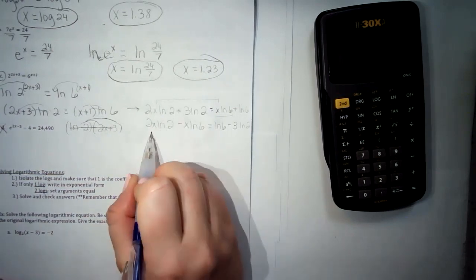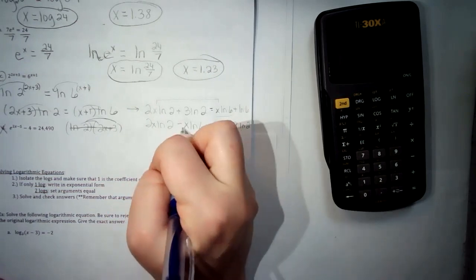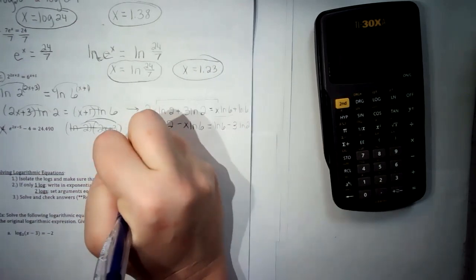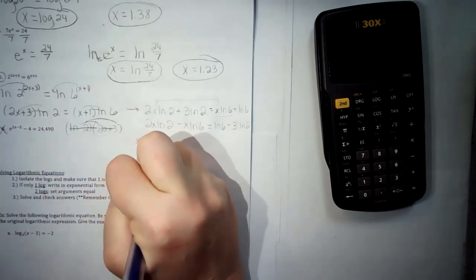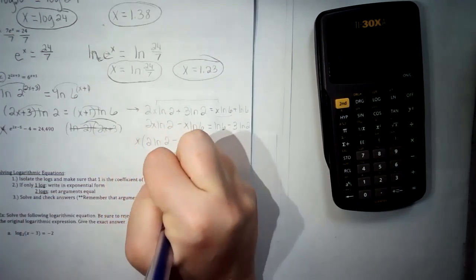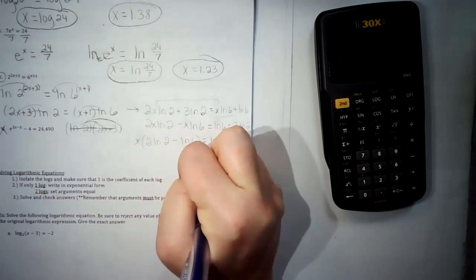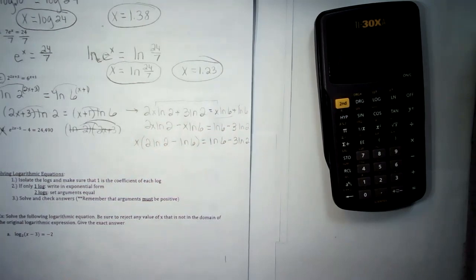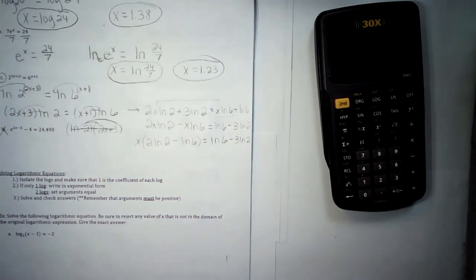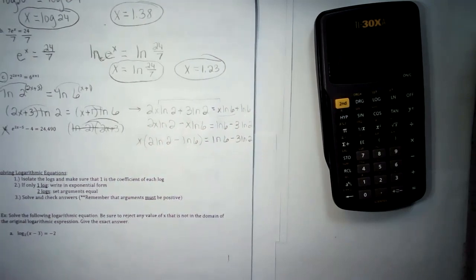Now, I want these x's by themselves. So if both of them have an x, I'm going to pull it out, kind of like a GCF. And I'm going to be left with 2 ln 2 minus ln of 6. And then everything on the right is the same. I just isolated my x and pulled them out. This is not a test question, so don't panic. This is just in my math lab.